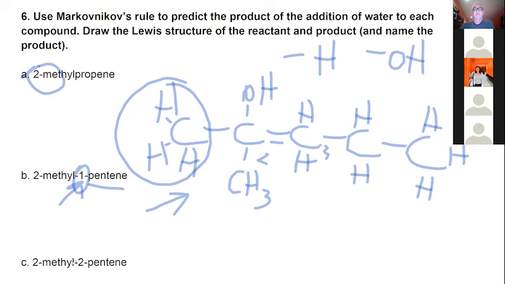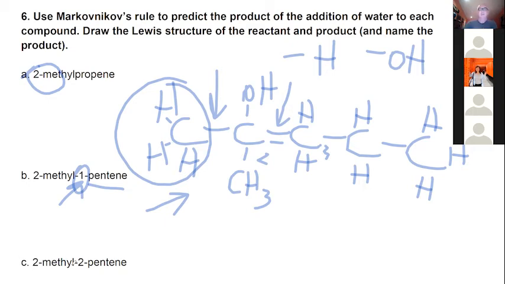And so it'll look exactly the same. And that's just because of where the location of the double bond is, right? That has more to do with where the location of the methyl group is. Oh, I see, okay. If I put the double bond here, carbon 2 is bound to more carbons. If I put the double bond here, carbon 2 is still bound to more carbons. So it's still going to get the hydroxyl group regardless.